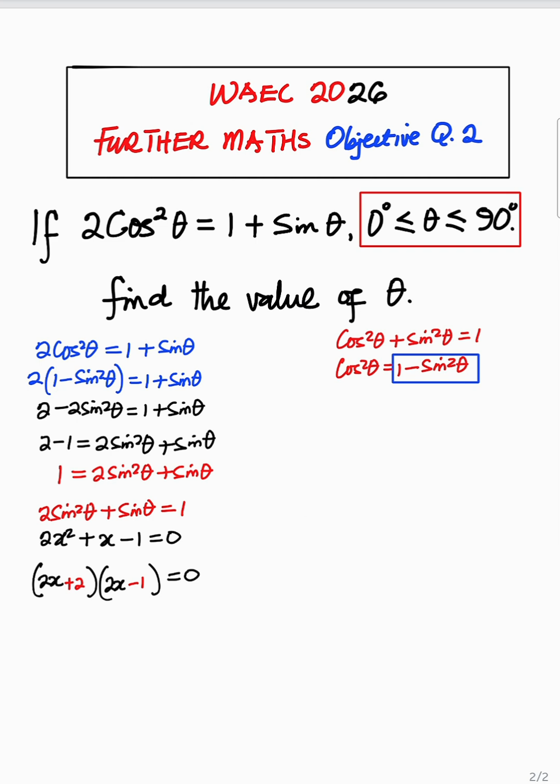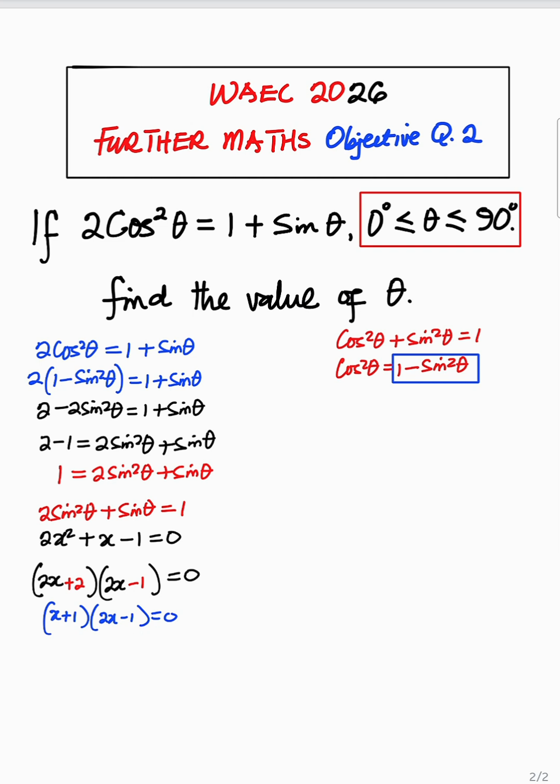If you take a look at this side, you see it has a factor of 2. Let's divide both sides by 2. We end up having x plus 1 into 2x minus 1 equals 0. Since 2 terms multiply to give us 0, either both of them equal 0 or one of them equals 0. So let us confirm.